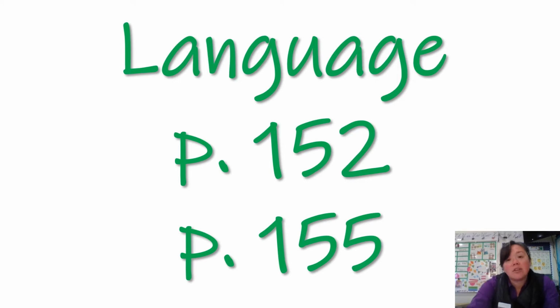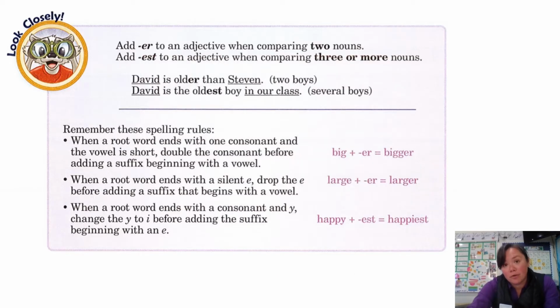And this is our last little bit with adverbs. What we're going to be doing is adding ER and EST, those two suffixes. We're going to be adding them to adjectives so that we can better describe words. And usually we use this when we are comparing two things. So for example, Mrs. Phillips is definitely short.